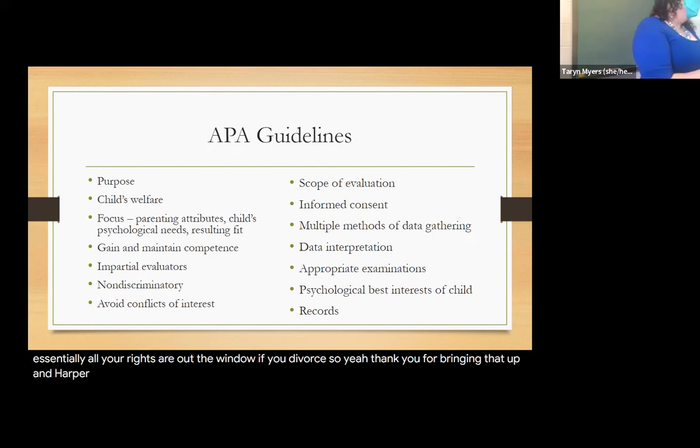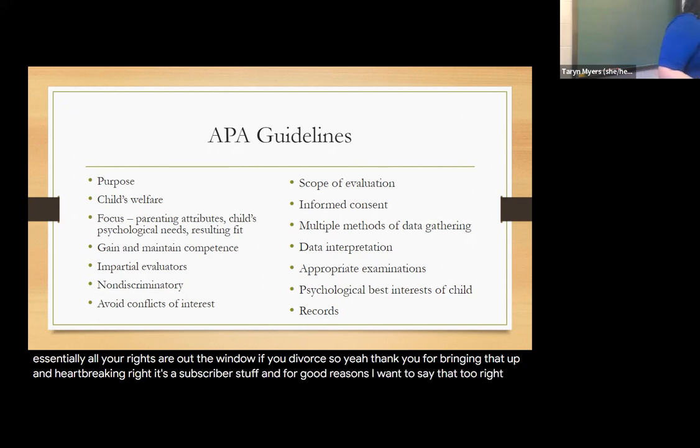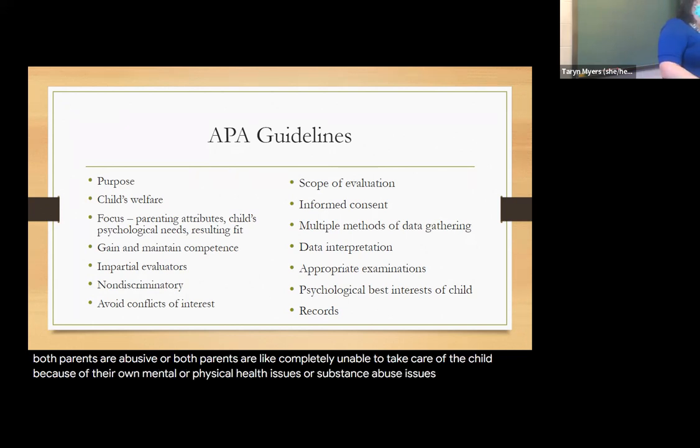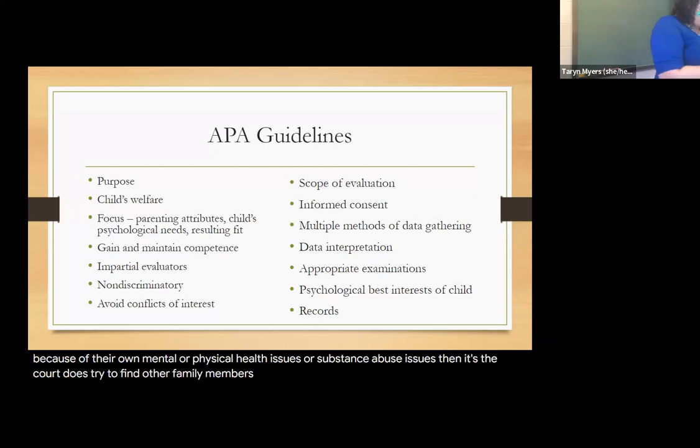And heartbreaking, right? And sometimes the grandparents step in for good reasons. I want to say that too. If both parents are abusive or both parents are completely unable to take care of the child because of their own mental or physical health issues or substance abuse issues, then the court does try to find other family members if they can.